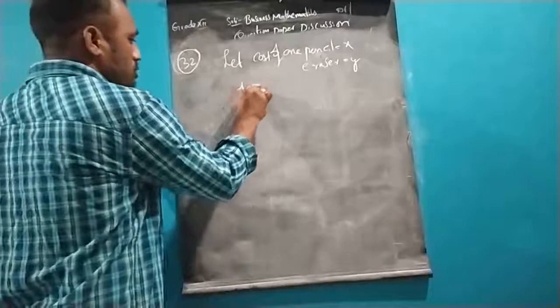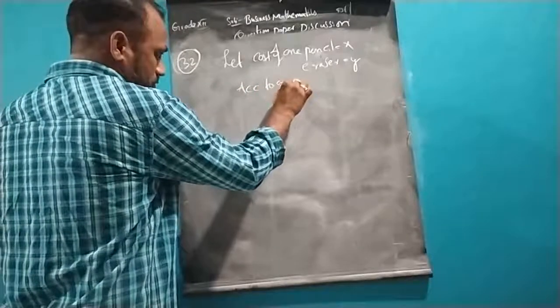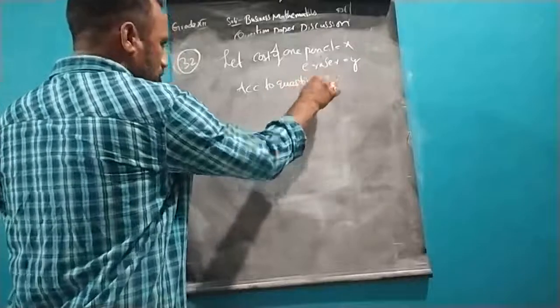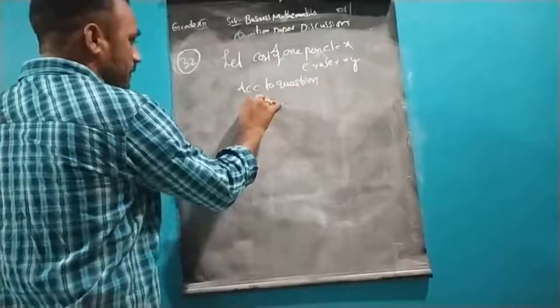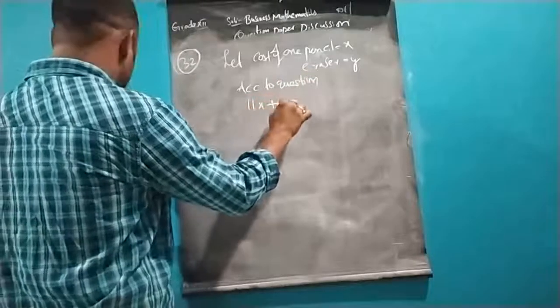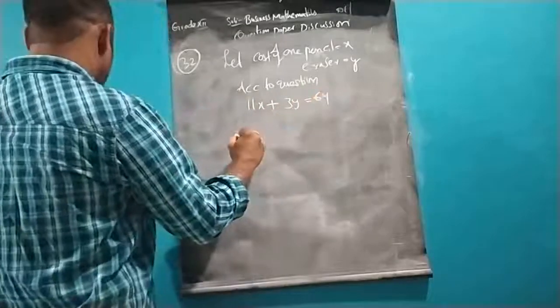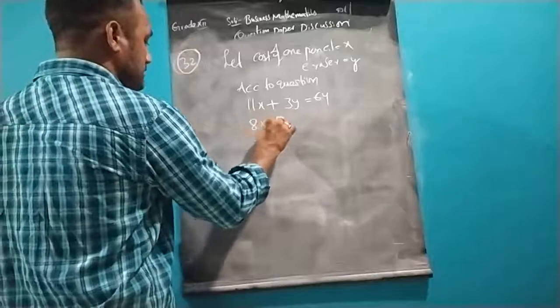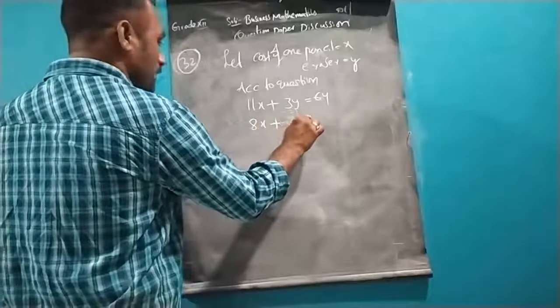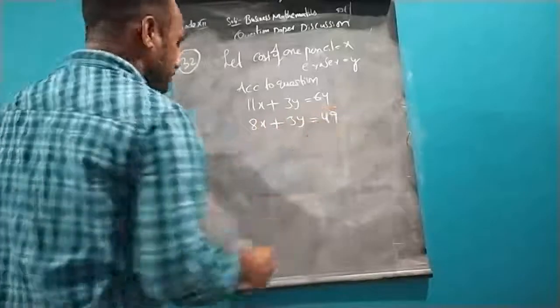So according to the question, we have 11 pencils, that is 11x plus 3y is equal to 64, and second, we have 8x plus 3y is equal to 49.